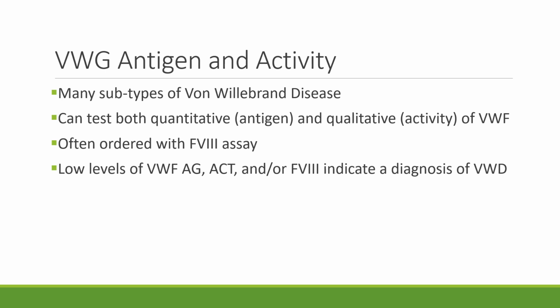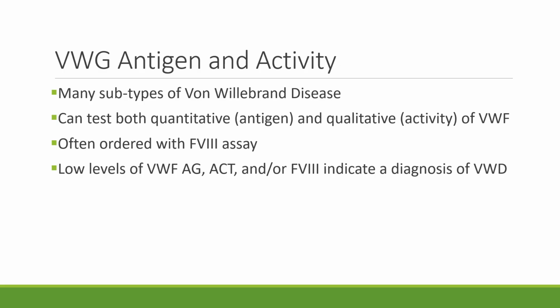All right, so our von Willebrand factor antigen and activity, we're going to be looking for a variety of subtypes of von Willebrand's disease. We can test both quantitatively for the antigen and qualitatively for the activity of von Willebrand's factor. And we often order it in association with our factor 8 assay as well, because oftentimes when there's a decreased antigen or activity in von Willebrand factor, we see a decrease in factor 8 as well.